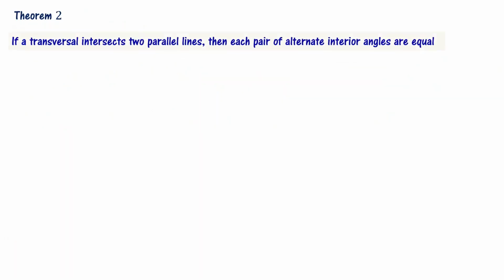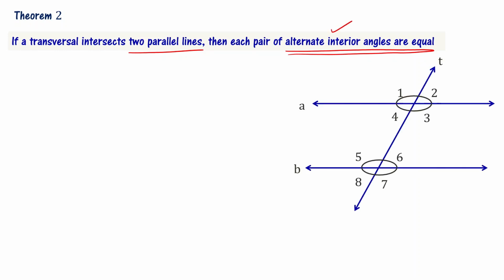Now let's look at theorem number 2 from this chapter. It says that if a transversal intersects two parallel lines, then each pair of alternate interior angles are equal. ఇంతకుముందు corresponding angles are equal అన్నాం, ఇప్పుడు alternate interior angles are equal అని చెప్తున్నాం. Let's look at this figure. There are 4 interior angles, right? ఆల్టర్నేట్ ఇంటీరియర్ యాంగిల్స్ ఏంటి?